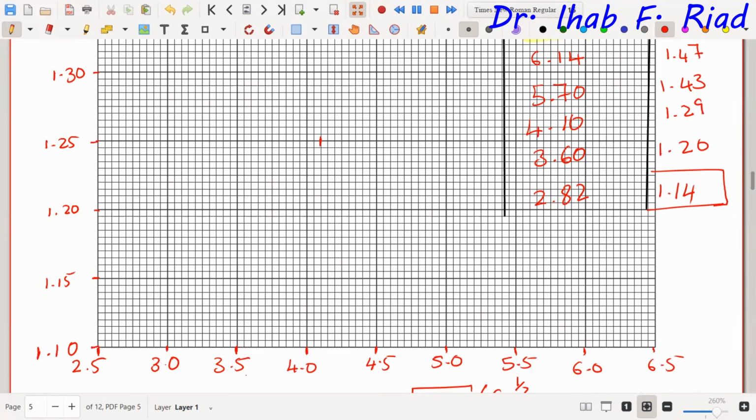This line is 4.1. And we have 1.29. What about 1.29? I think 1.29 is here. So we are done with this one.